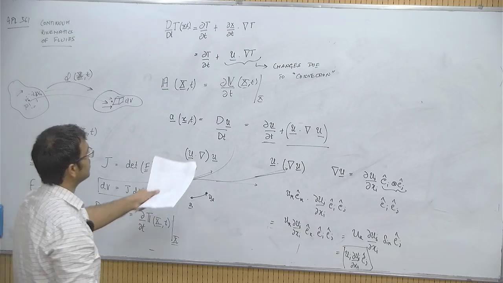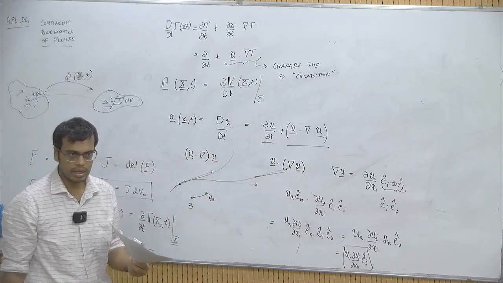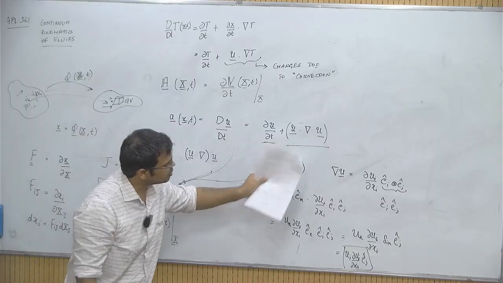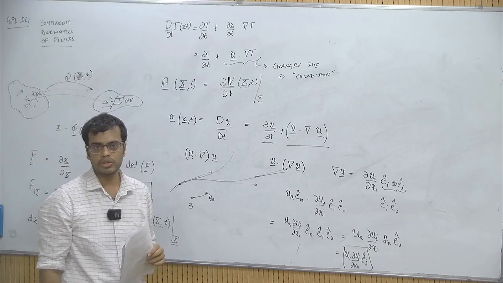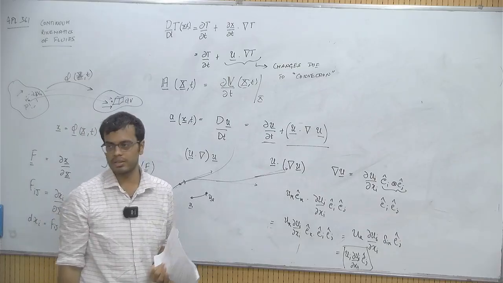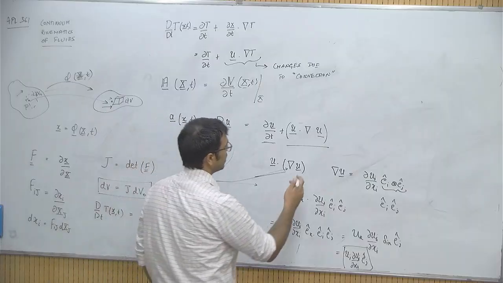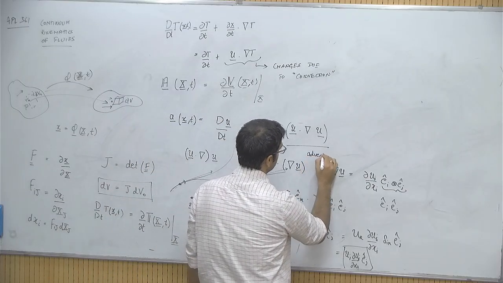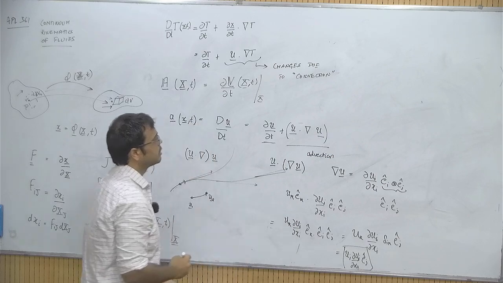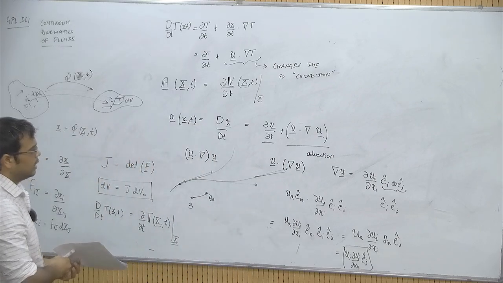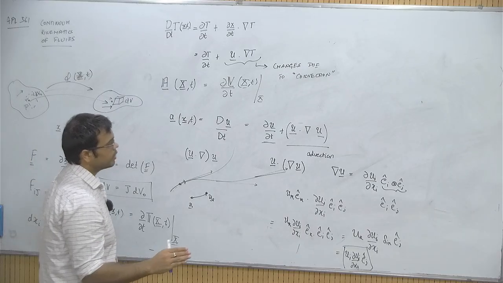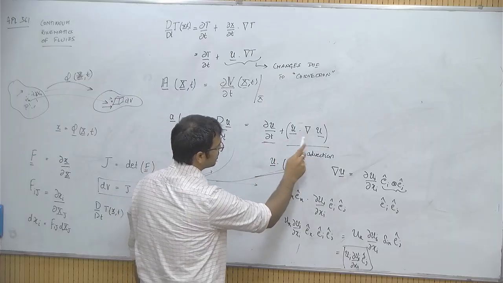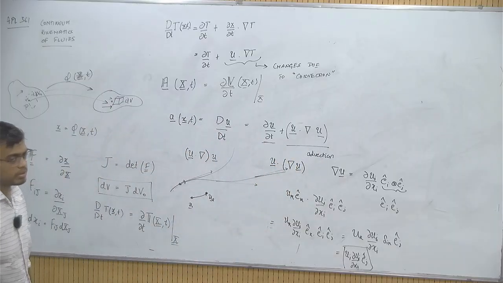As a result of that transport, what is the change in that property? In the specific case of velocity, in some textbooks or articles you will see it written as advection instead of convection. So, it is called advection in some literature. They are basically telling you about the same term, which is the spatial derivative term in the material derivative.